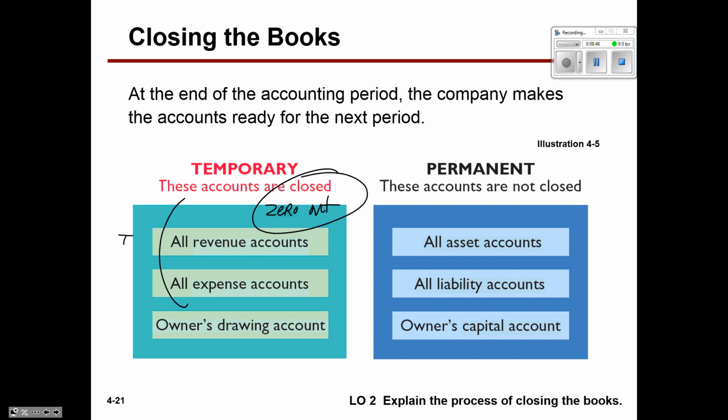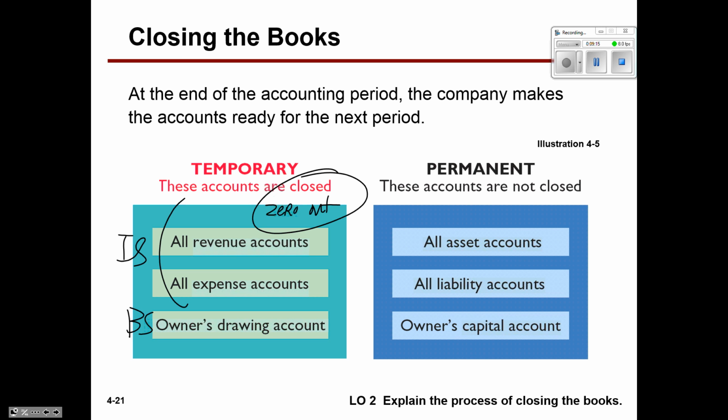So we're closing out all of the income statement, all revenues, all expenses, and then one thing on the balance sheet, owner's drawing. We literally are going to close them out, zero them out, get them to have zero balances, package them beautifully into a box, and put them away for the 2018 year.